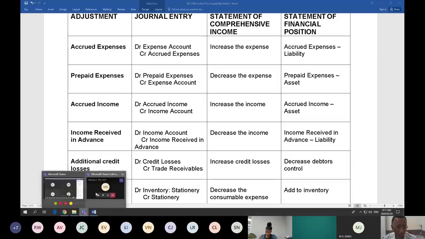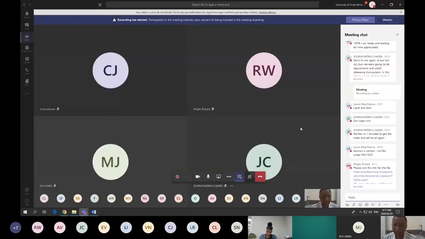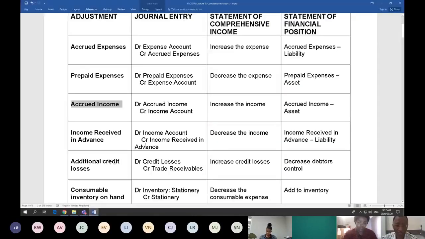Examples of that would perhaps be where the bank was supposed to pay you interest and the bank didn't pay you interest on a fixed deposit. Or you were supposed to receive rental, but you did not receive it. That was money that was due to the business in the current financial year, and it was not received.